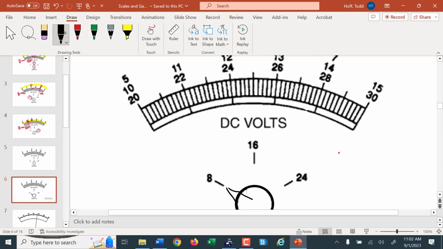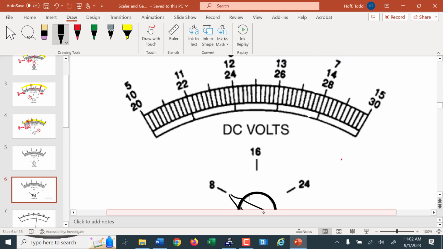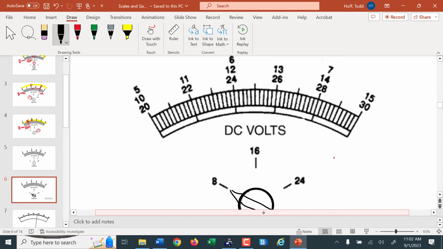Then I'll put you on this setting, and we're going to slide it up a little. Let's put it right here. I'll give you a second to read that, then we'll go over it. What's that reading?